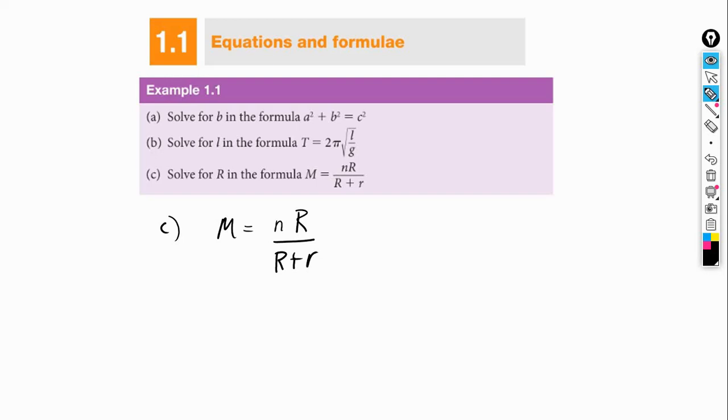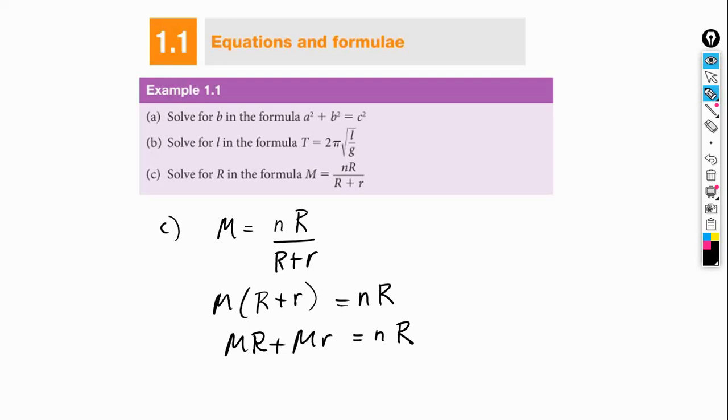So we can send this to multiply and we're going to get m times capital R plus small r is equal to n times capital R. And then here we can do the distributive property. So we have m times capital R plus m times small r is equal to n times capital R. So they want us to solve for r.